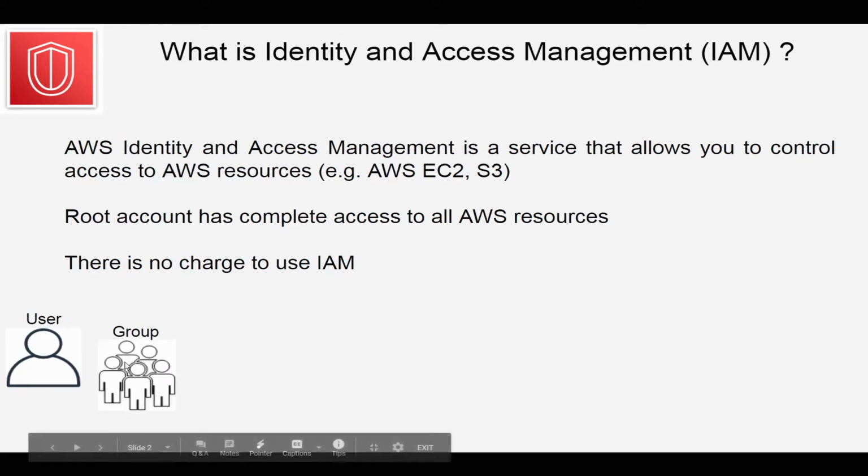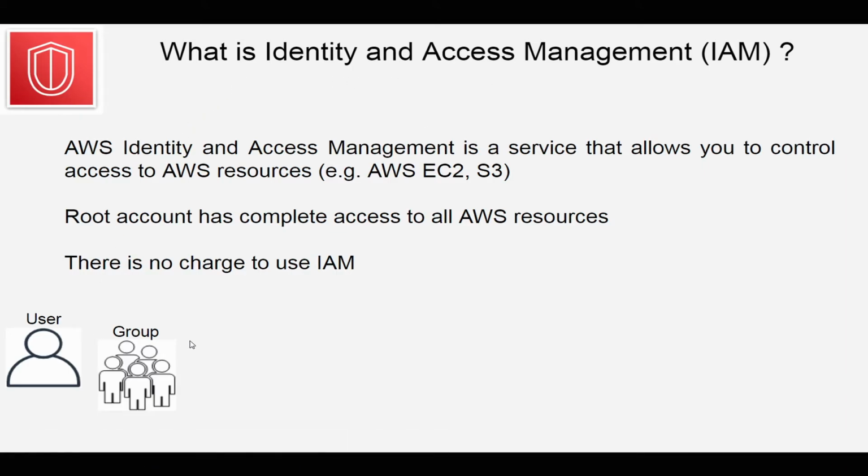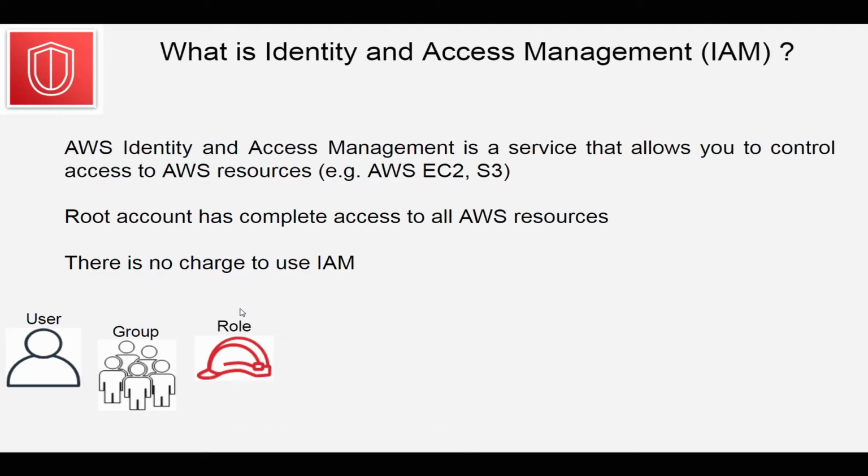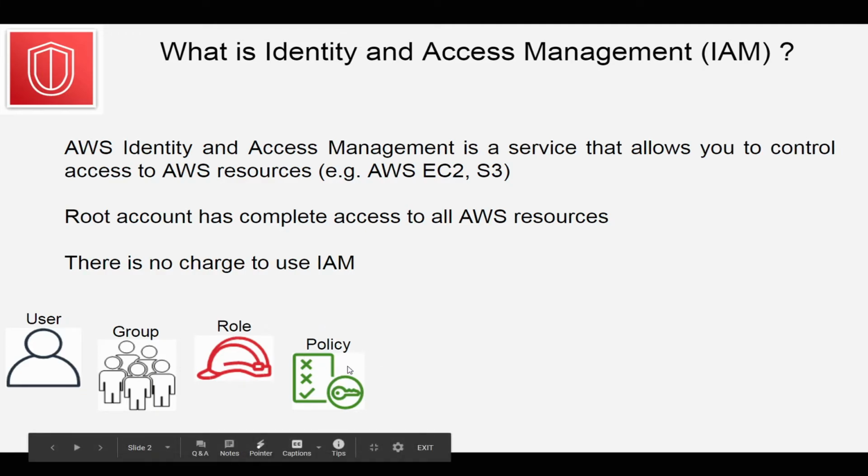Then groups. With identity and access management, you can create groups, and groups are collections of users. Then roles. You can create roles in identity and access management, and roles are very similar to users, and we will discuss roles in detail. Then policies.